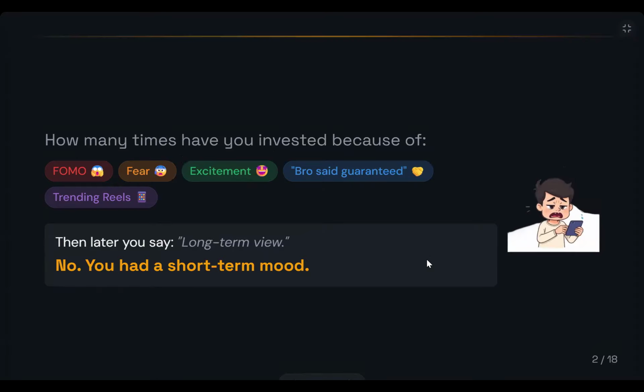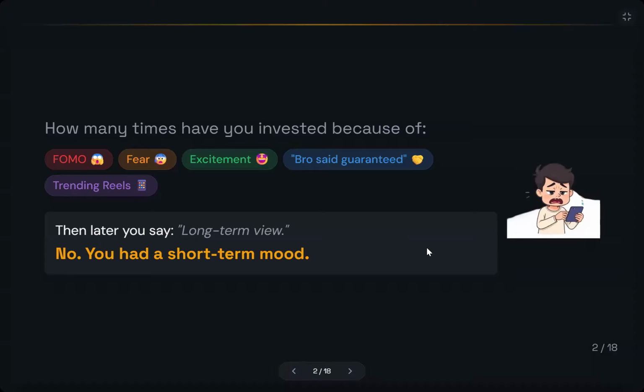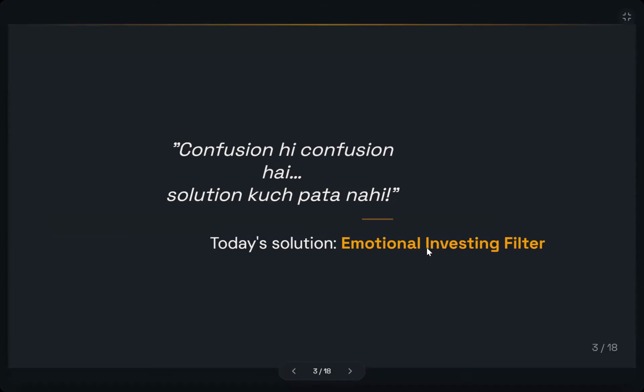No, you had a short-term mood. This investing is not based on the fundamental principles of investing. This is regarded as mood-based investing. And this leads to a situation where confusion is the solution. So today I am bringing to you a solution: an emotional investing filter.